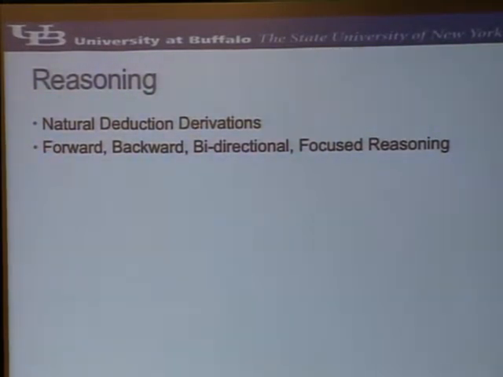It does forward, backward. So forward reasoning: give it a new thing to believe and have it draw conclusions. Backward inference: have a knowledge base, ask it a question, and it decides whether to say yes or not. Bidirectional goes in both ways. Focused: you could ask it a question and it might not get the answer, and then it can take new evidence and focus that evidence on the question at hand and ignore other things that one can draw from it.